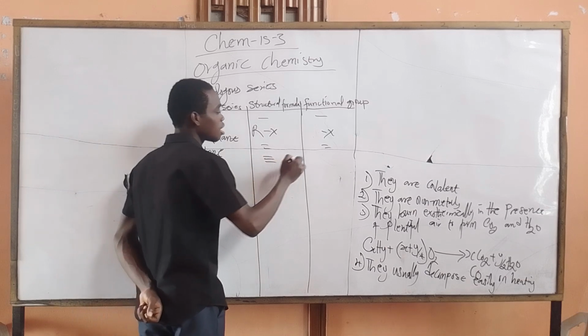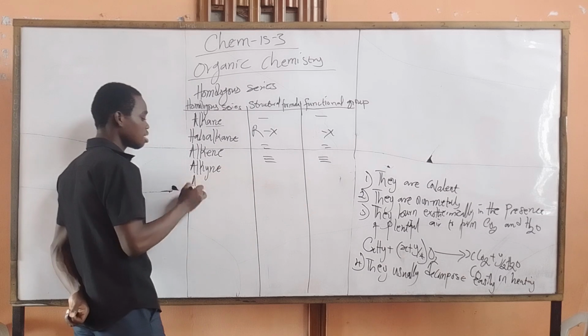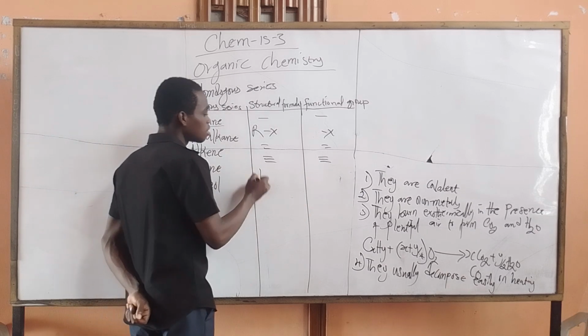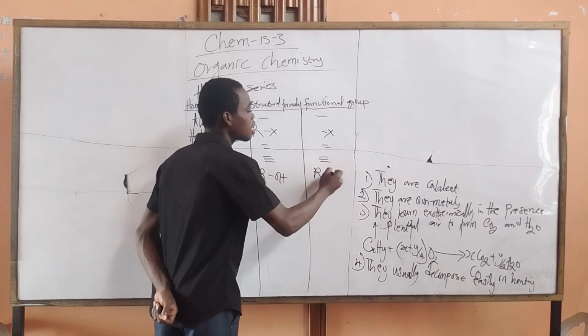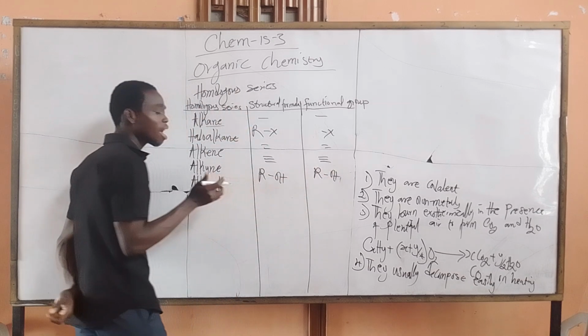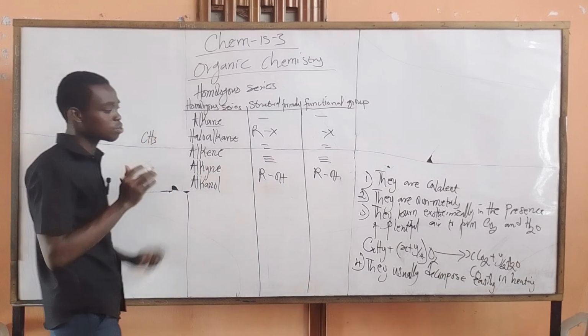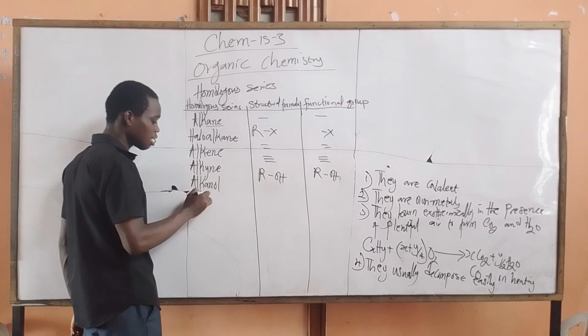The alkynes have a triple bond. We have the alkanol. Here we have the ROH. Now the R means any alkyl group, which I'm going to talk about. So we have the next one, the alkanal.